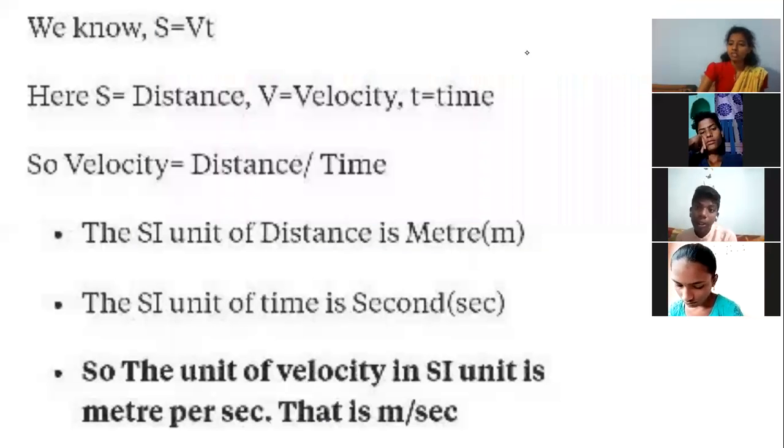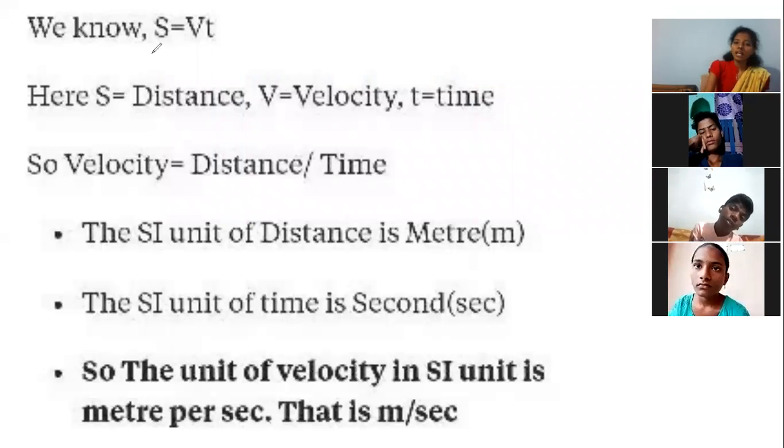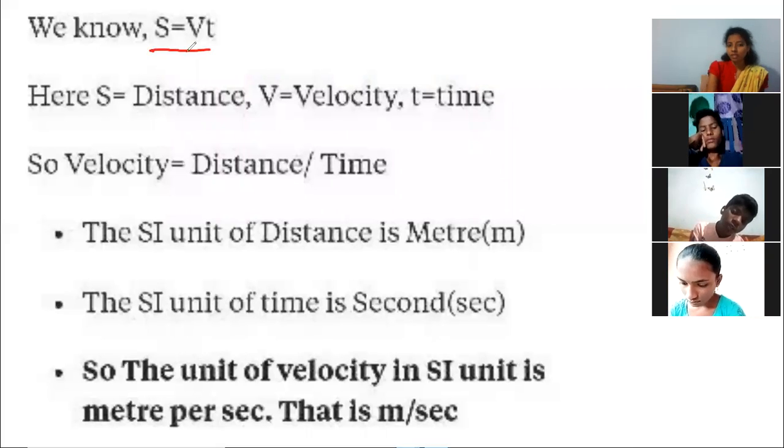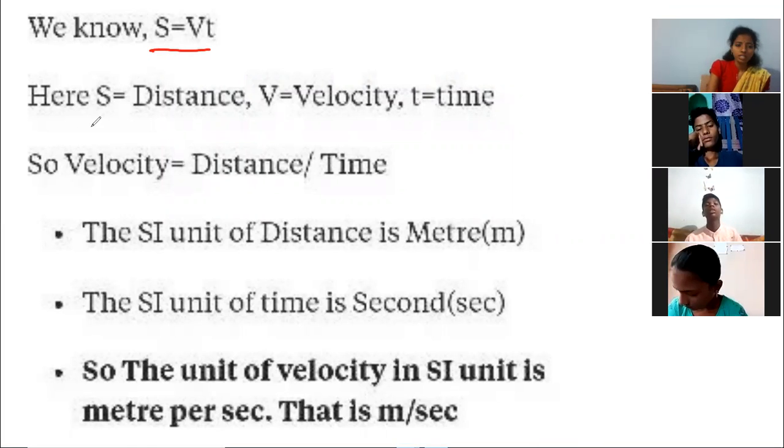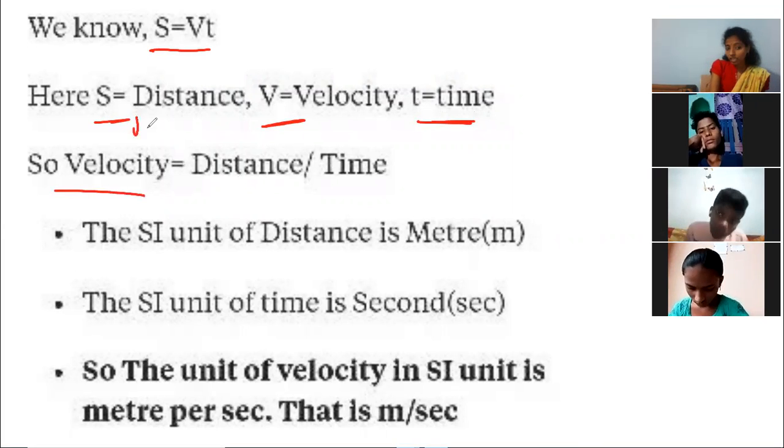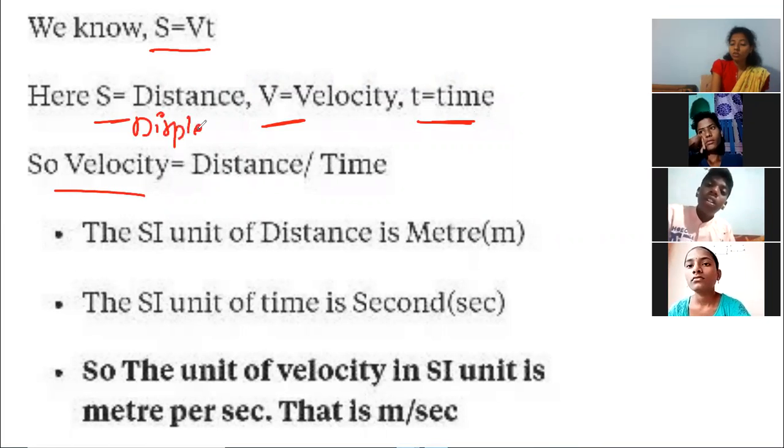Just now we observed, here we can write, Nana, S equals Vt, where S is the distance, V is the velocity and T is the time. Here S means we can take distance or displacement; both are denoted with S only.